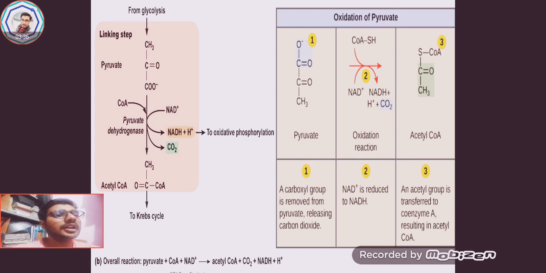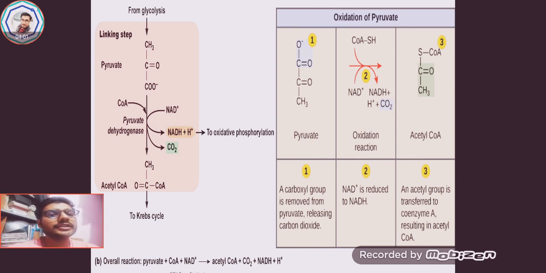and then a 2-carbon compound is formed, which is attached to coenzyme A, called acetyl coenzyme A. This acetyl coenzyme A enters into the Kreb cycle.